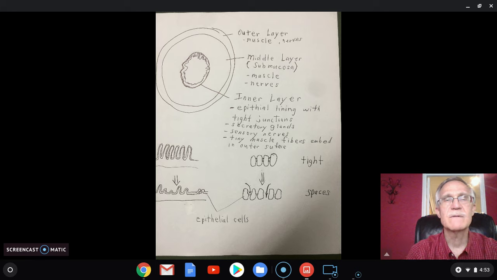Normal gaps are 1 to 7 microns, but in leaky gut they become 200 to 300 microns. These holes allow large undigested substances and pathogenic organisms like bacteria, viruses, and yeast to pass through, causing the immune system to build antibodies and an inflammatory response.